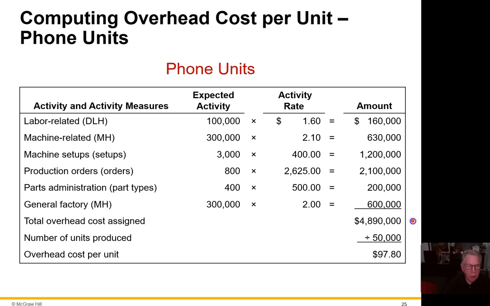So we use about half of the overhead costs assigned to the phone units. We divide that by the 50,000 phone units, and the overhead cost per unit is $97.80 per unit.